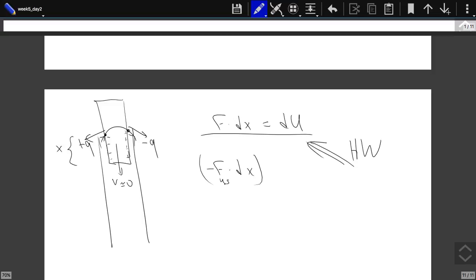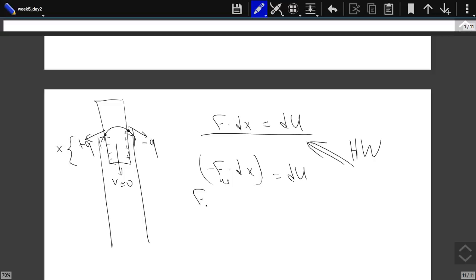This is the force that we exert. We are exerting an upward force. We lower the dielectric by an amount dx. So this is the work that we had done. But you said that the work that we do is what changes the potential energy, so this should be equal to the change in the potential energy of the system.